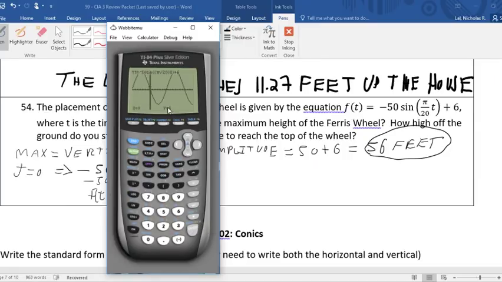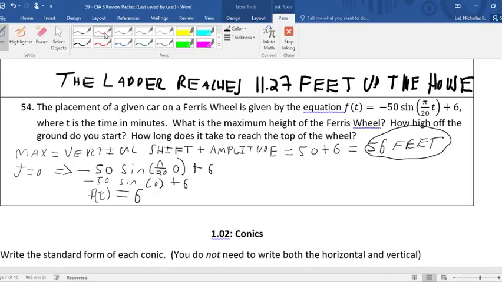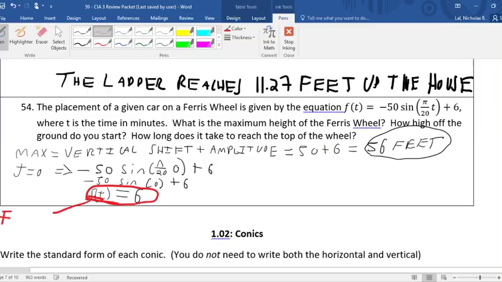When x equals 0, y equals 6. So that's when t equals 0. Here I replaced t with x because x is the variable in the calculator. So at the end of the day, we can find out algebraically or with our calculator that this is 6 feet off the ground when you start.